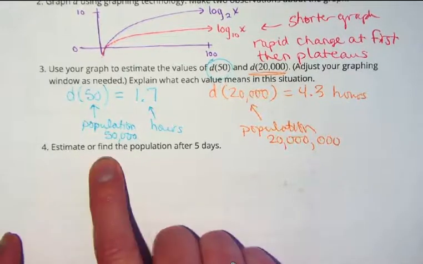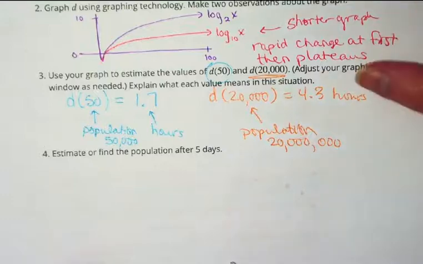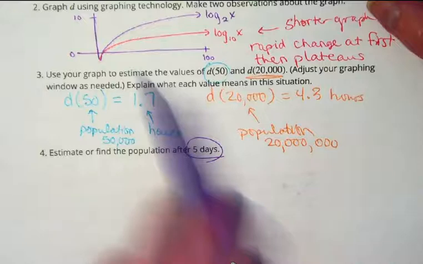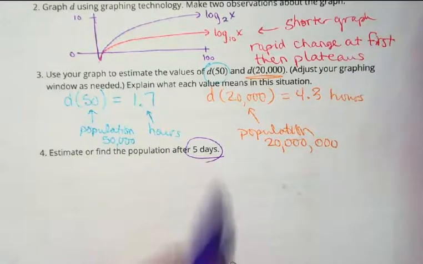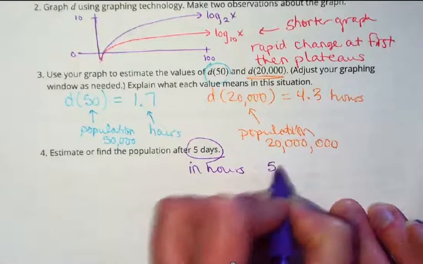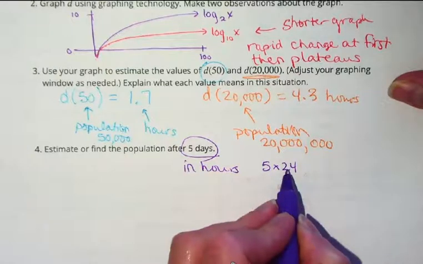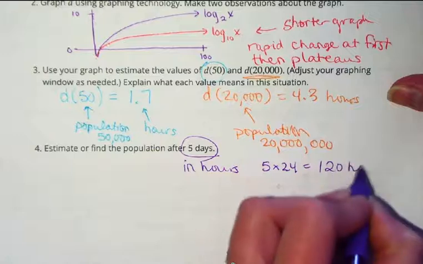And then I need to estimate or find the population after 5 days. Okay, a couple things we got to convert first. Everything we've been looking at is the number of hours that we're giving it to grow. So 5 days, I need to do 24 times 5 to figure out how many hours we're talking about. 5 times 20 is 100, 5 times 4 is 20, so this is 120 hours.